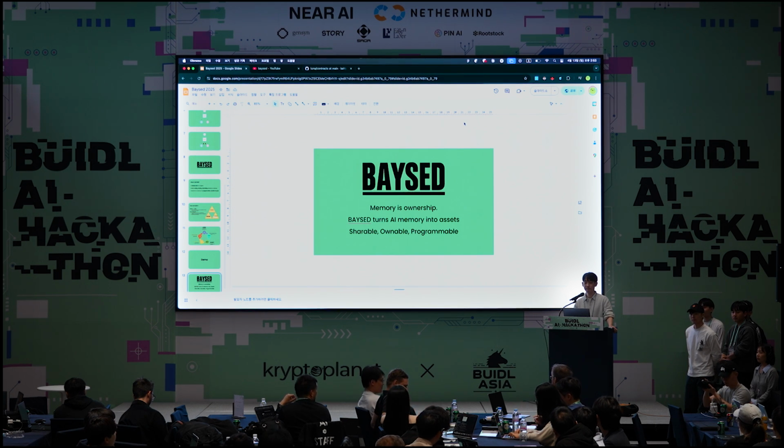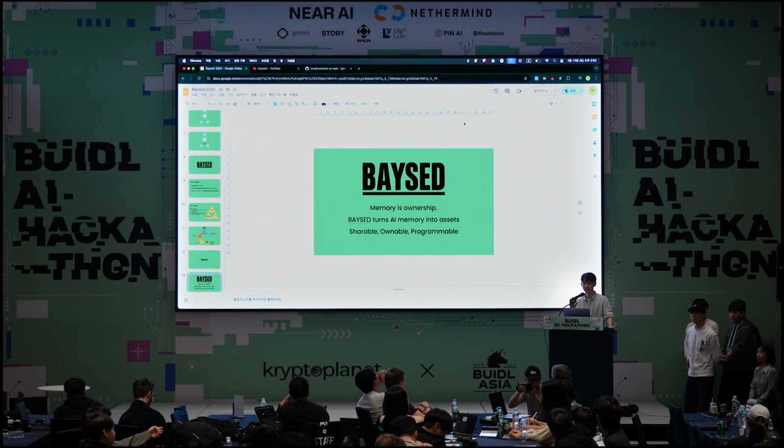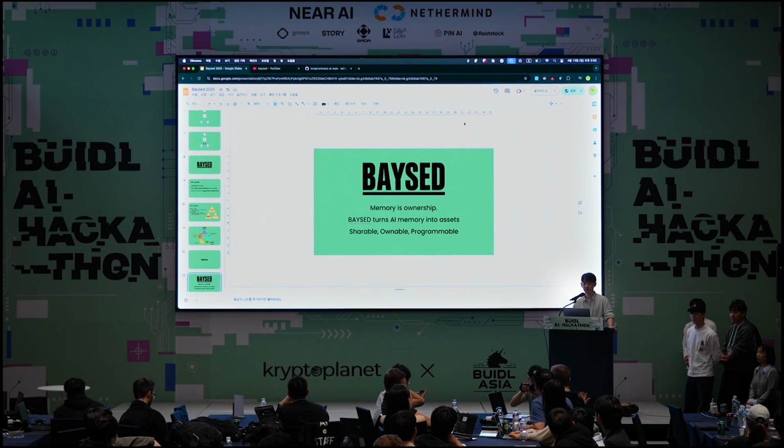Okay. Just how do you see this, assuming BAYSED becomes super successful, how do you see this fitting into the larger crypto space and economy? The crypto space and economy.